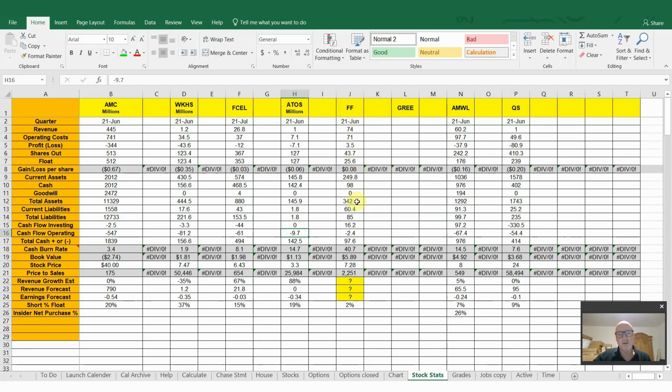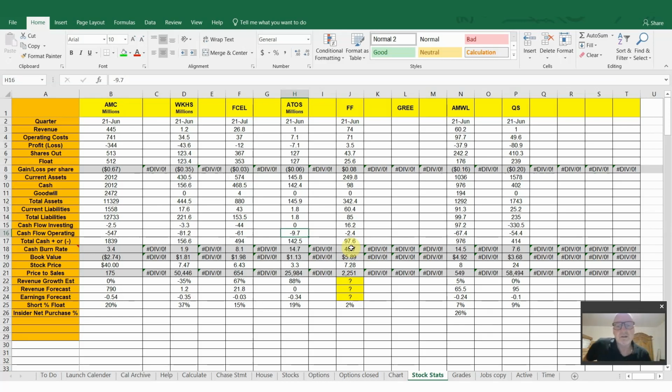But for example, here's Future Fuels. I did a little study on that. I actually own a couple hundred shares of it. It's not much. It's a very obscure stock, but it has cash to last 40 quarters. So, it's not an exciting stock, but I make a little money off it on options trading.